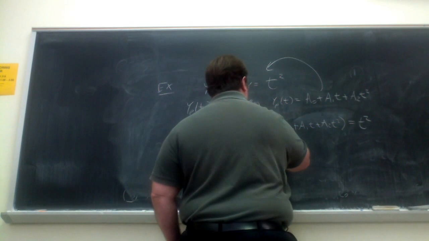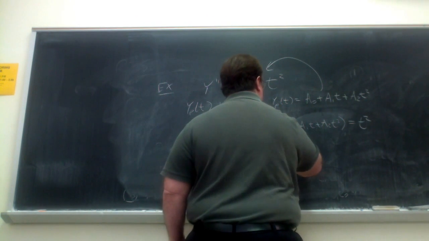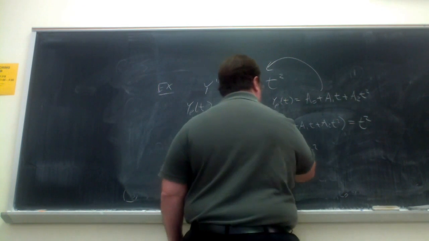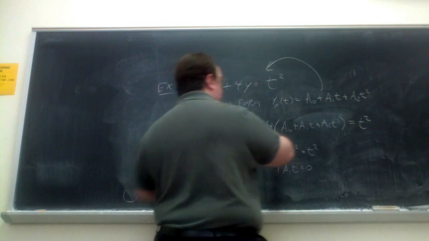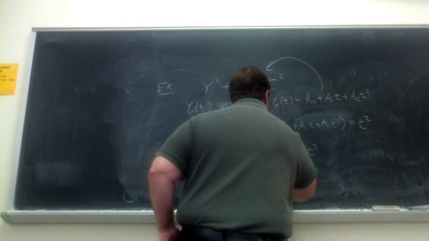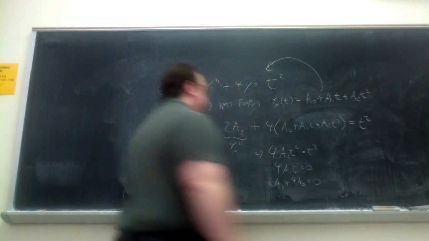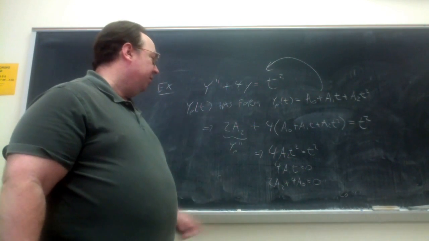So what we have is the quadratic term, 4a2 t squared is equal to t squared. And then we have a linear term, 4a1 t must equal 0. And then your constant term, you have 2a2 plus 4a0 must also equal 0. So now you have three equations that you can solve for a0, a1, and a2.